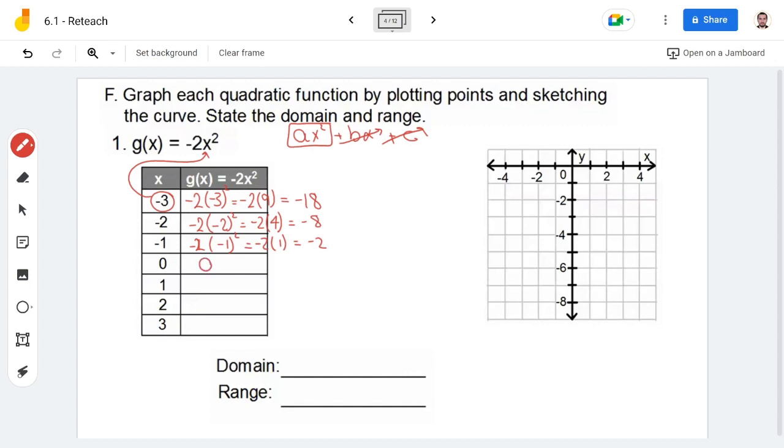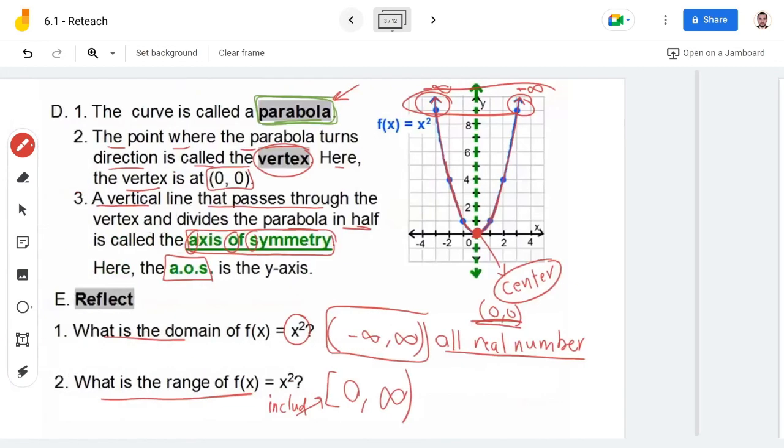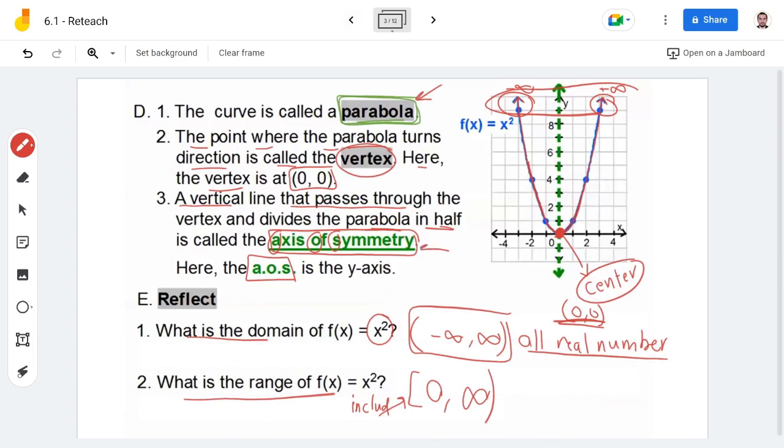And because of the axis of symmetry, what's the axis of symmetry? I did not explain it very well. The axis of symmetry is where the shape reflects itself. If you look here at the graph, this one in the green color is the axis of symmetry. The graph on the right side should have the same value on the left side.